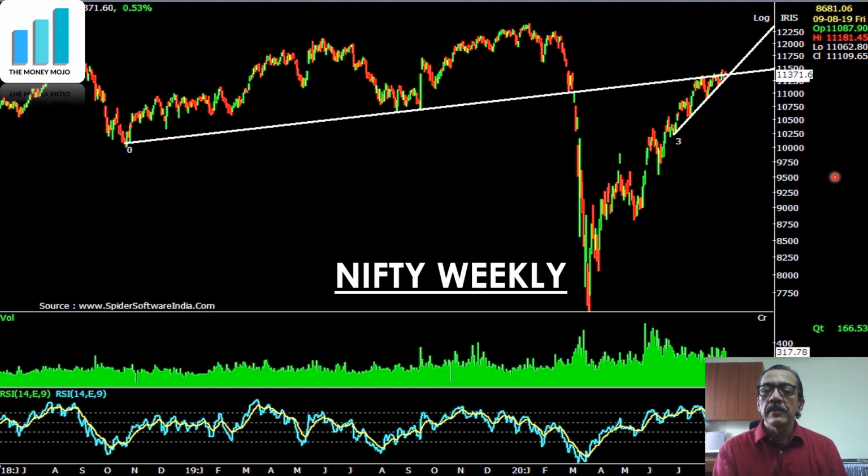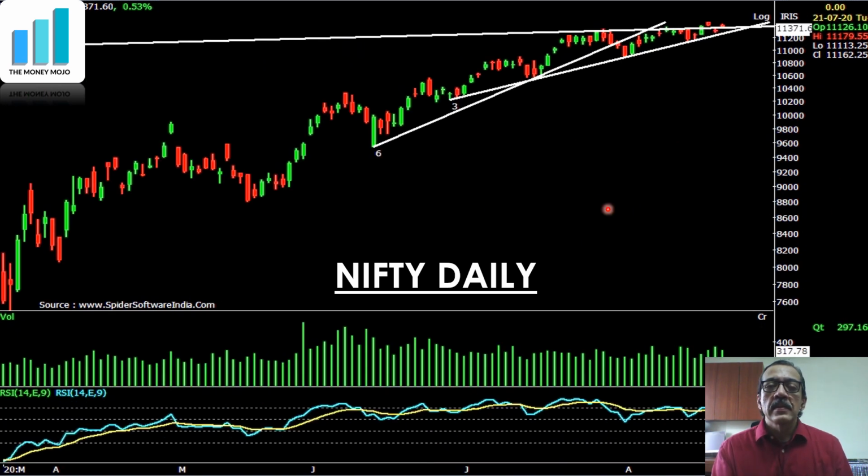Now I'll show you an even shorter term trend line that can be drawn. So this is the Nifty daily chart, and one trend line that I have drawn is connecting this point and which went up here, but Nifty broke below that. But by the time it broke below this trend line, there was another trend line that had already formed, which was when it connected this point and this point. So these 2 points were formed when Nifty went up here, and then I could connect that.